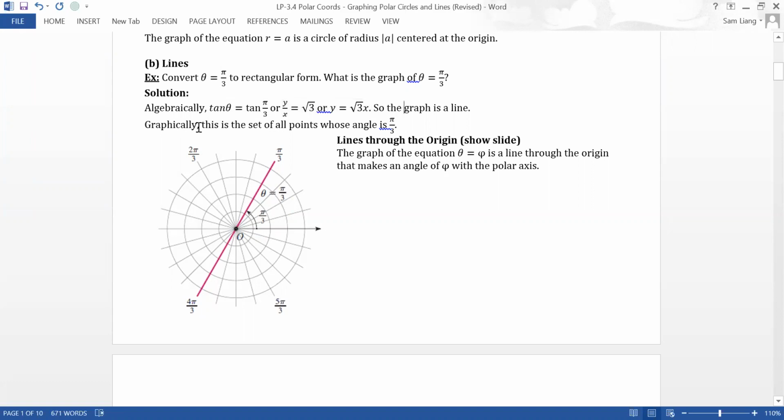Graphically, this is the set of all points whose angle is pi over 3. And that will look like this, right here. So the angle is pi over 3.